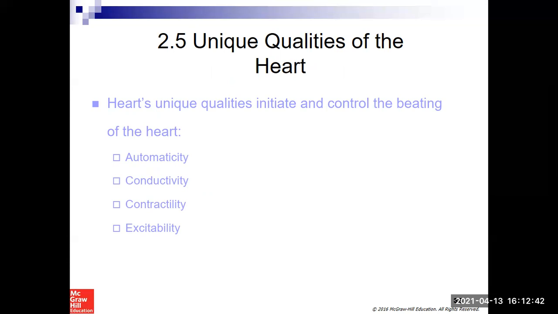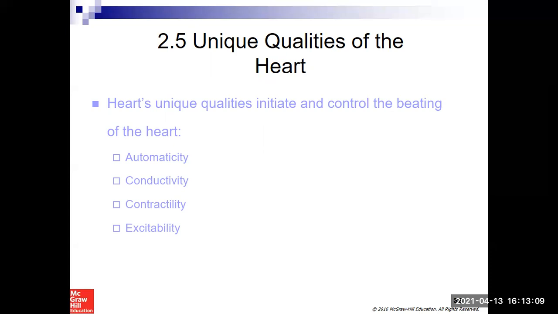It's able to conduct under a normal cycle. And then we have contractility, the ability of the heart muscle cells to shorten in response to an electrical stimulus. It's contracting, contractility, contract. And then excitability, the ability of the heart muscle cells to respond to an impulse or stimulus, also called irritability. Okay, so now it's been stimulated, it's excited.